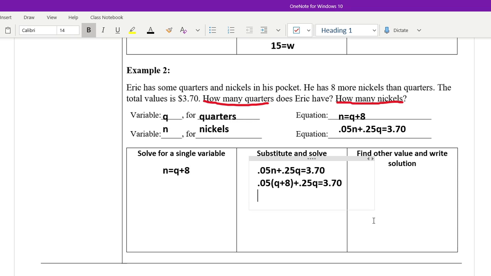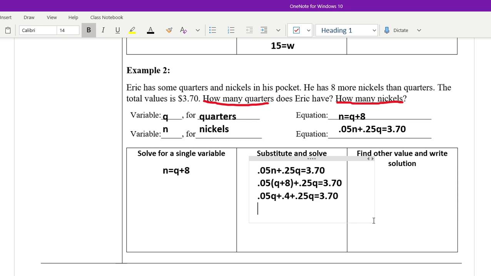I want to distribute properly. 0.05q plus 0.4. And then the rest of our equation, plus 0.25q, the original price of each quarter, equal to the total, which was $3.70.